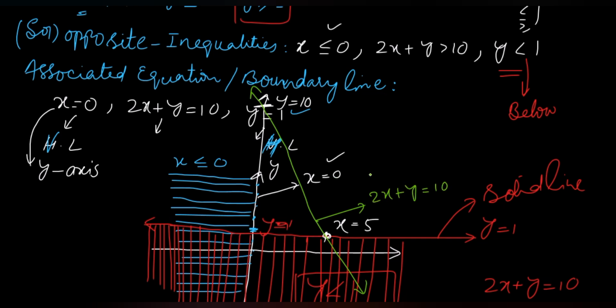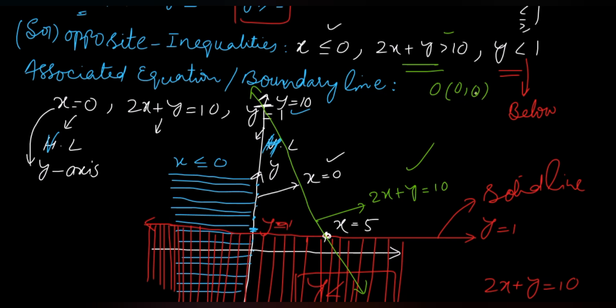As the inequality opposite to this line is 2x plus y greater than 10, this is the opposite inequality. As the inequality has a greater sign, so we will shade above the line. Or in other words, you can take 0, 0 origin as a test point.